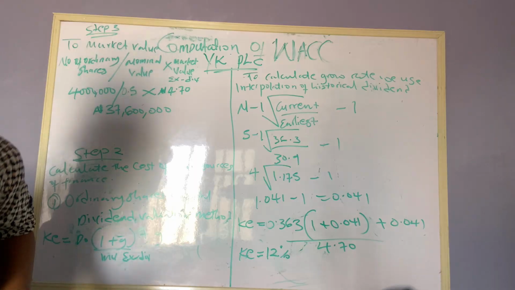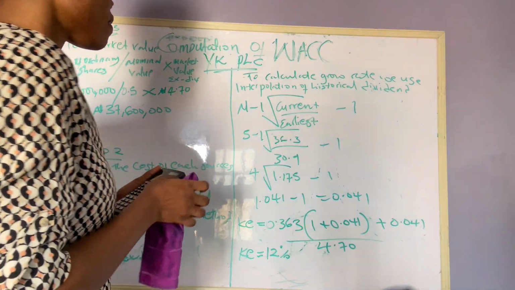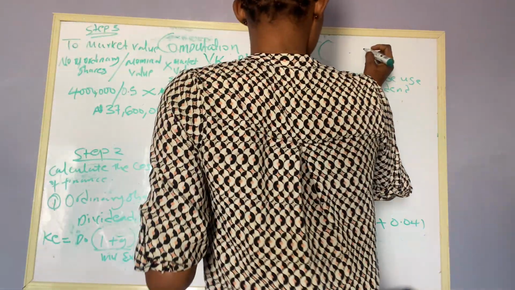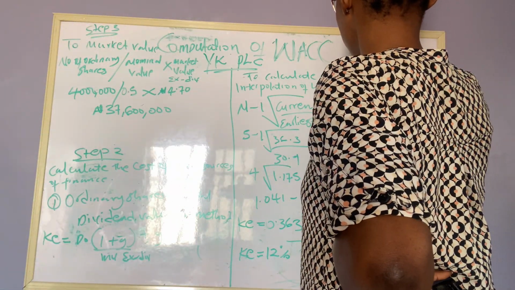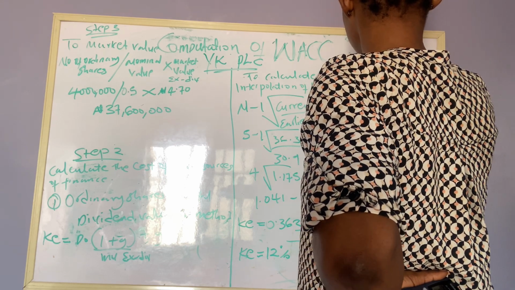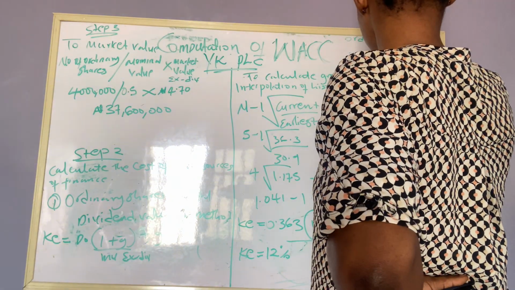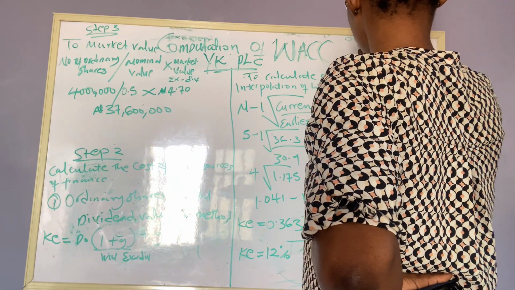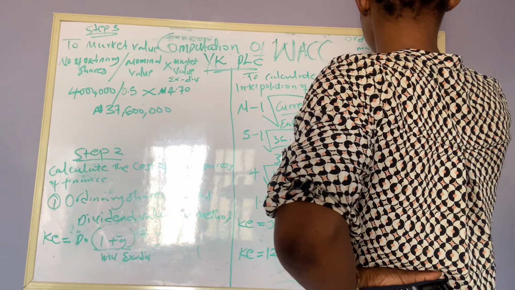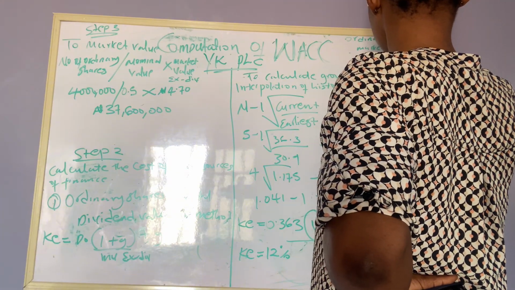So now we've gotten our first source of finance, which is ordinary share, right? I'm going to be writing it up because this board is very small. So our ordinary share, we'll keep it. KE is equal to, what was the KE? 12%. Then market value is what? 37 million 600.